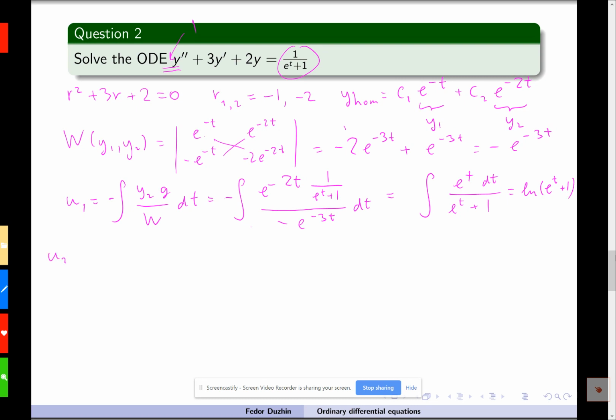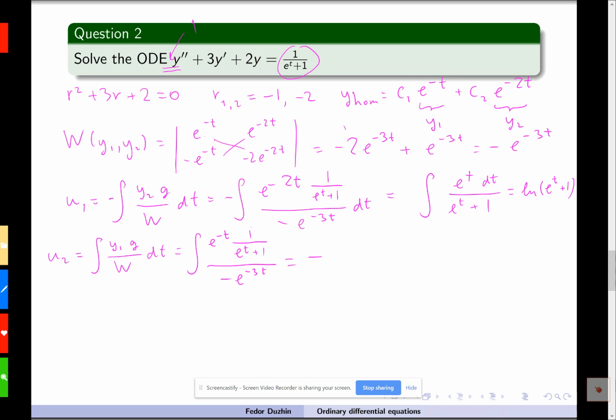Now u2. u2 is going to be the integral of y1 times g over the Wronskian dt, which is the integral of y1, which is e to the minus t, g is still 1 over e to the t plus 1, everything divided by the Wronskian, which is minus e to the minus 3t.